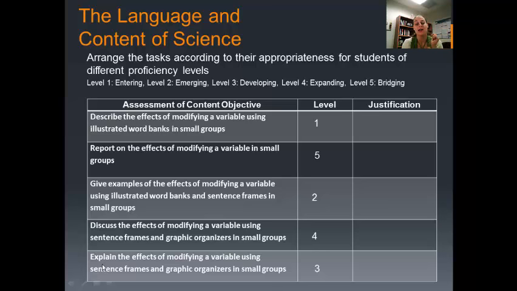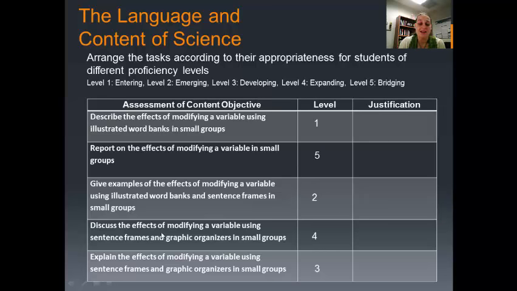So now, again, the cognitive level is up one because the student has to be able to understand and communicate that understanding to others. But again, notice how you have your supports in place, which is still very appropriate for the entering, emerging, and developing proficiency levels of ELLs.